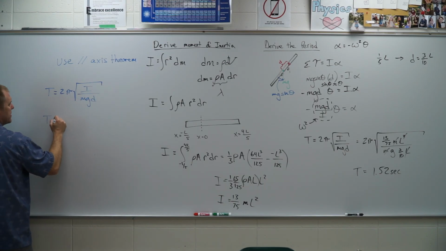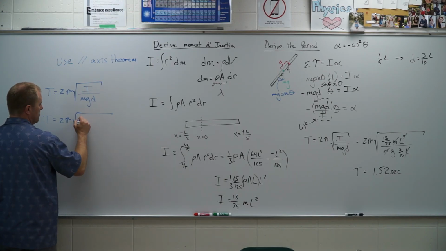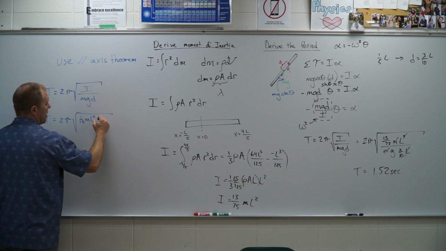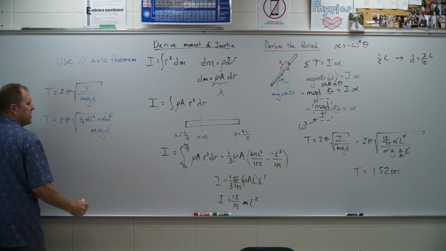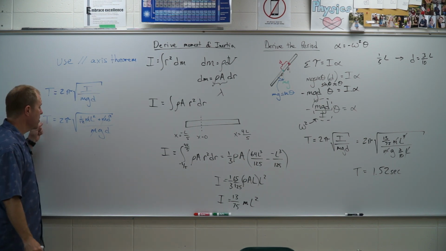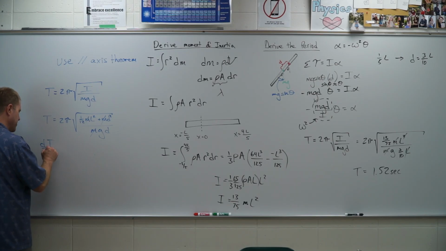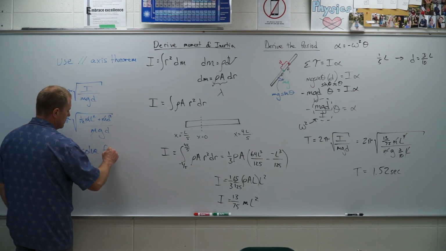So my period is 2 pi times the square root of, using the parallel axis theorem, 1/12 ml squared for a rod about its center of mass, plus md squared, all divided by mgd. I see my m's cancel. Now I have a function for the period in terms of this distance d. So go ahead, take that derivative with respect to d, set it equal to 0, and solve for d.